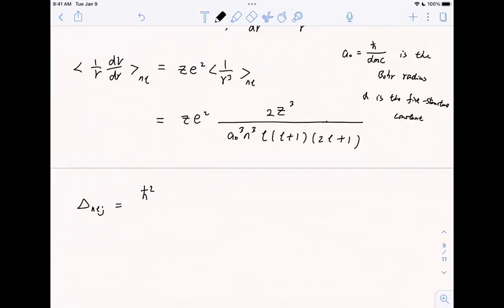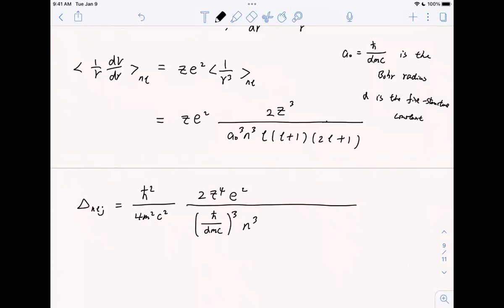So you plug it in, then you have two. Now this will be Z to the power 4, e square, and then you put this 4 radius here to the power 3, N3, L plus 1, 2L plus 1.